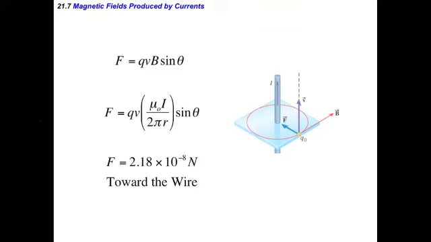As far as the direction of the force, if my positive charged particle is traveling upward and my B field here is to the right, my magnetic force is going to be back along the radius towards the current-carrying wire.